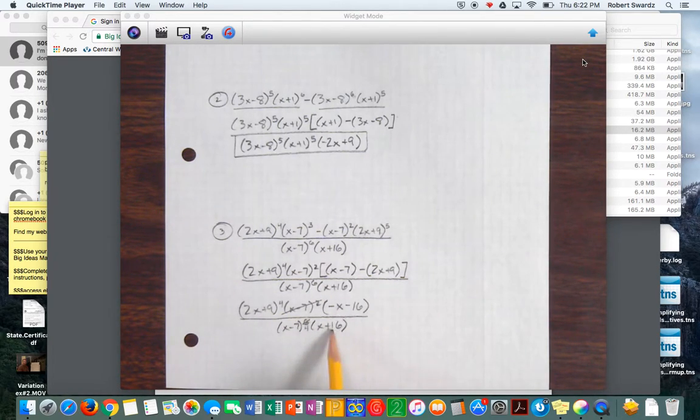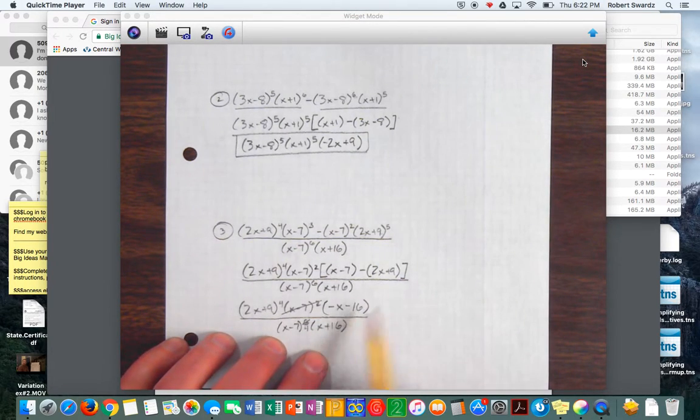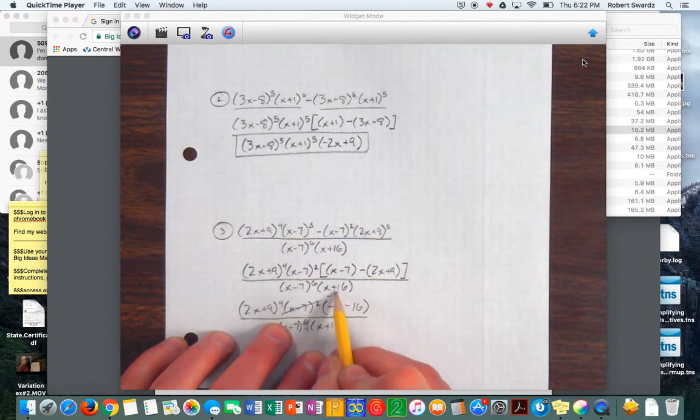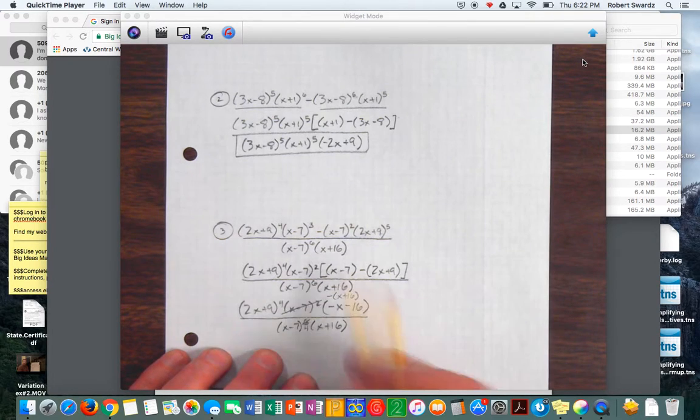Now this negative x minus 16 and this x plus 16, these look similar. And actually they're opposites of one another. We could rewrite negative x minus 16 as negative, and then in parentheses x plus 16. Right? Because if you distribute the negative in there, we'd have minus x, which is there, and then minus 16 is there.